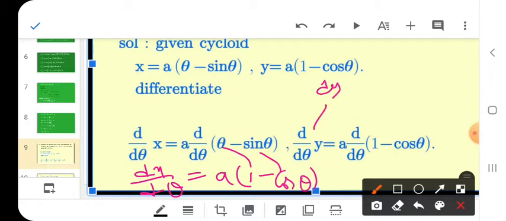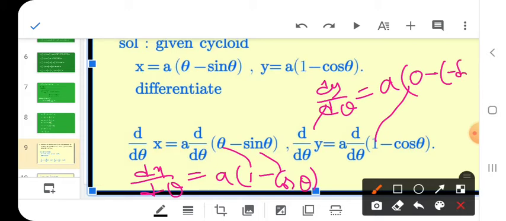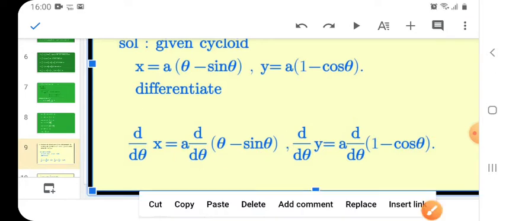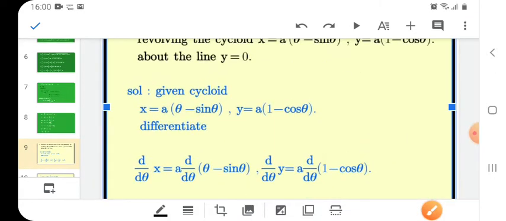Similarly, dy by d theta equals to a into, what is the differentiation of 1? 0 minus, what is the differentiation of cos theta? Minus sin theta. Minus into minus plus. So, a sin theta is the dy by d theta value. Okay, see here.